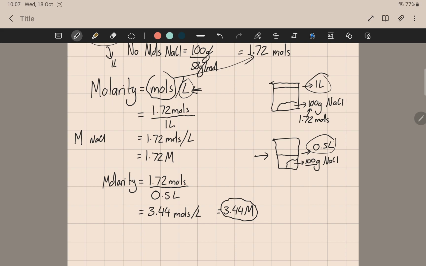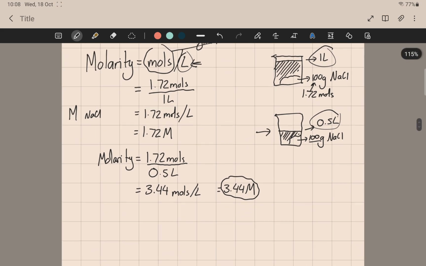Now just think about this logically. It makes sense, right? We're talking about the concentration of sodium chloride. Now in the first case, you've got 100 grams of sodium chloride in all this water. But in the second case, you've got the same amount of sodium chloride, but in much less water. So of course, the sodium chloride is going to be more concentrated in the second case.